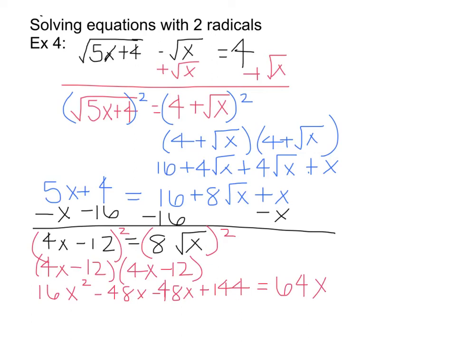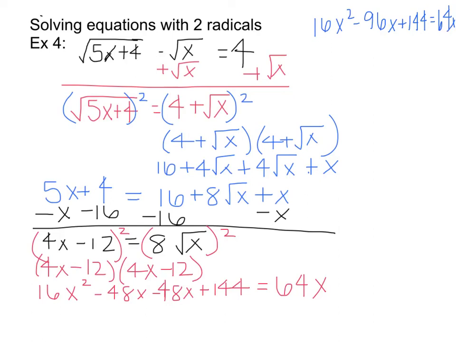I'm going to move up here to the top and try to squeeze this in. So I'm left with 16x squared. Negative 48x plus negative 48x gives me negative 96x. And then you have plus 144 equals 64x.